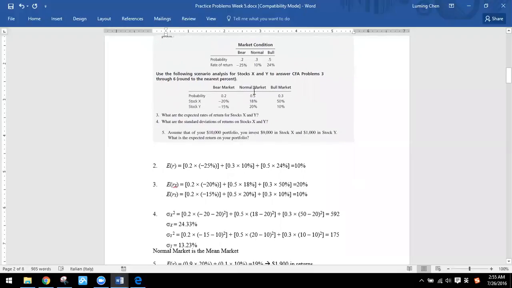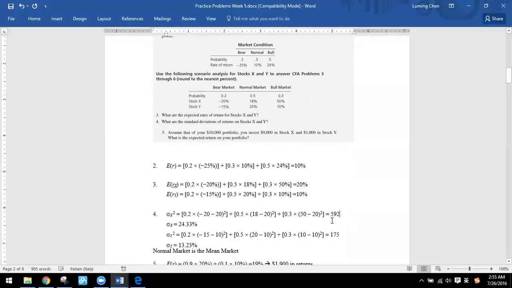So if we assume the normal is the mean, then using the same calculation method, the variance of X should be the bad time. This is the return of the bad time. This is the mean return. So this is the expected variance of the bad time. This is the expected variance of the normal time, expected variance of the good time.